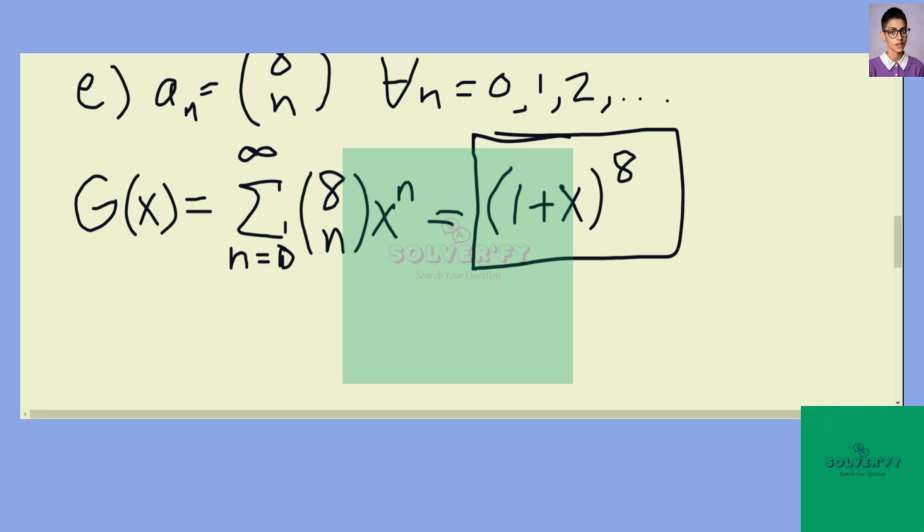In part F, we are given the sequence a sub n equals n plus 4 choose n for all n.